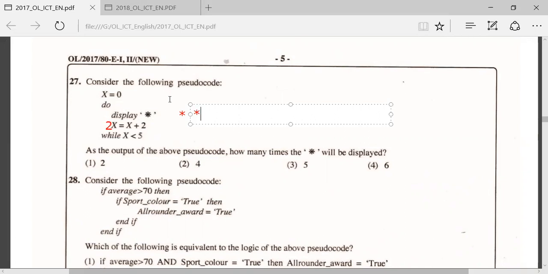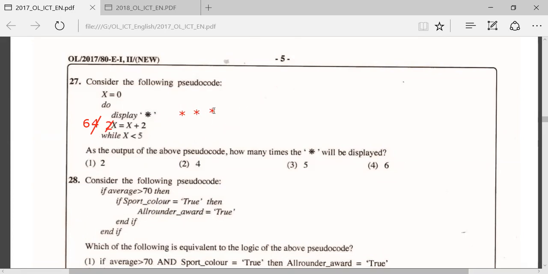So second star. 2 plus 2, it is 4. 4 less than 5, true, it will go back and display star. 4 plus 2, it is 6. 6 less than 5, false, exit from the loop.